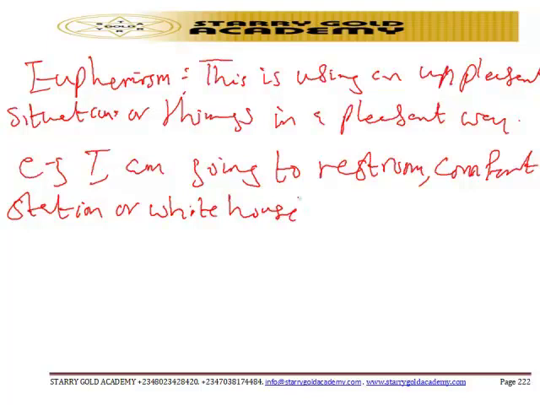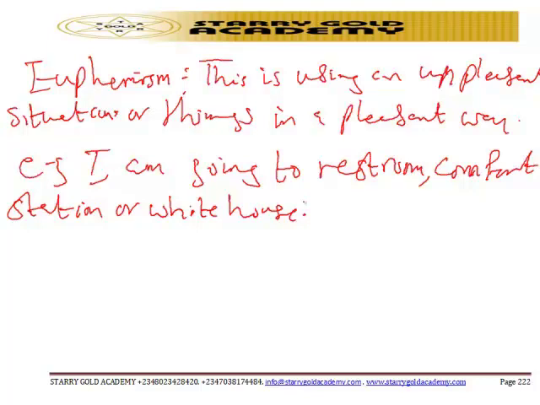You use all these words in a pleasant way, whereby the actual saying is that you are going to maybe the toilet. You want to use the toilet, maybe you are pressed. So that is an ideal use of euphemism.